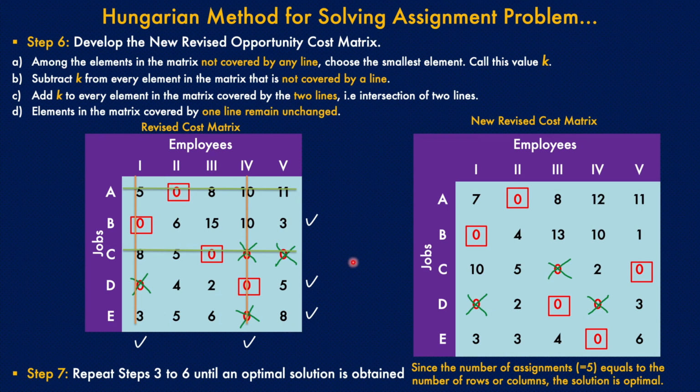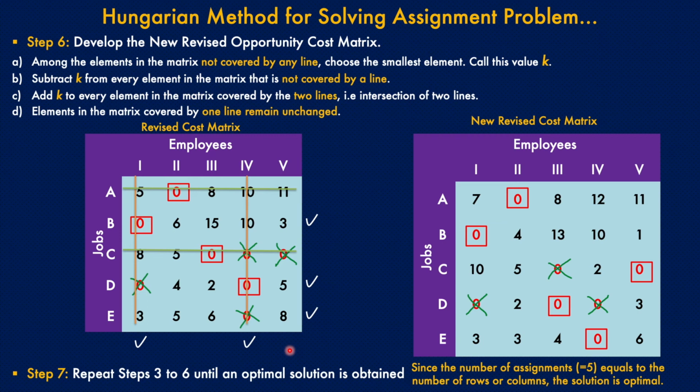Now we have to develop a new revised cost matrix like this with the help of the following procedures. After drawing these horizontal and vertical lines, we can clearly observe each element. There are 3 types of elements now. Some elements are like 6, 15, 3, 4, 2, 5, 5, 6, 8. These are not touched by any line.